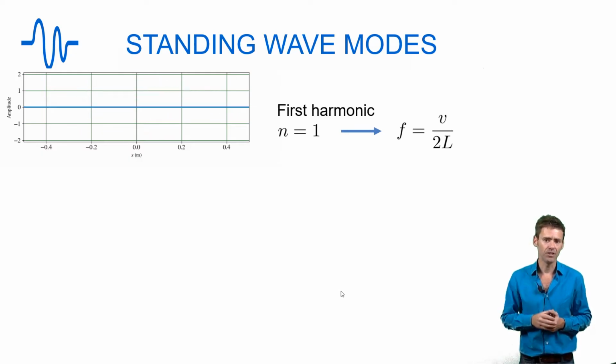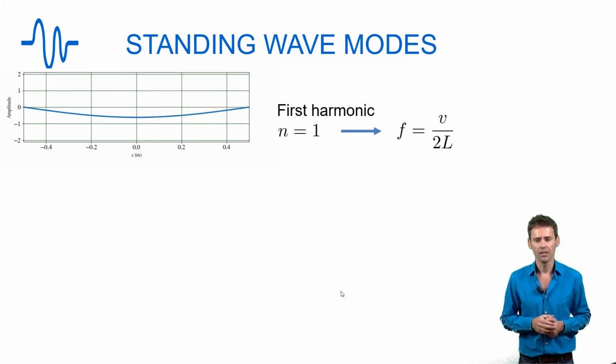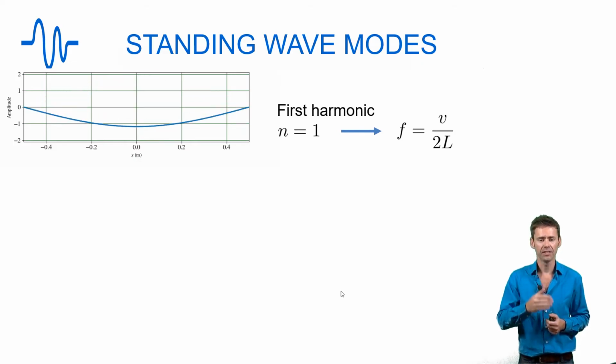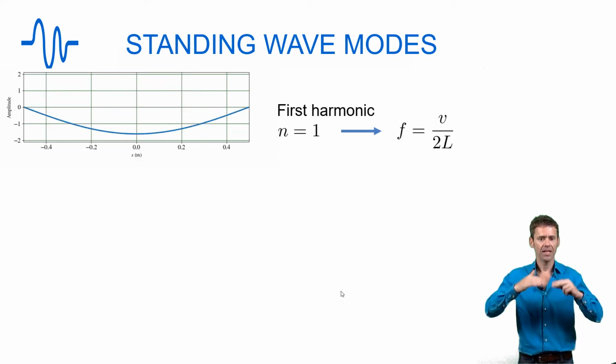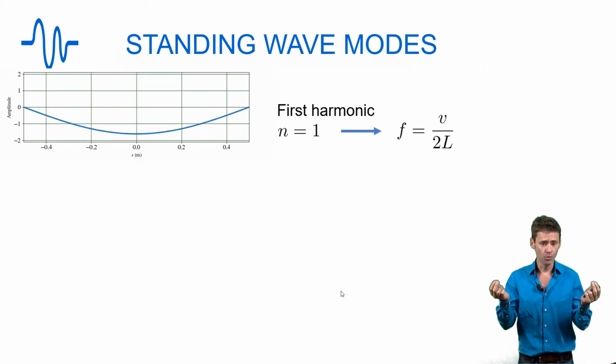So the wavelength can be 2L over n, with n equal to 1, 2, 3, etc. So the first harmonic is given by n equals 1, and the frequency is f equal to the speed of the propagating wave divided by the wavelength, which is then 2L. So you see here how the wave oscillates, and that certain points have no movement, but other points have a large amplitude.